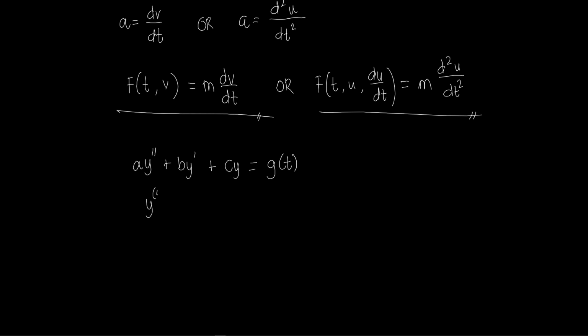Another is, for higher derivatives, pwede din ganito. Y to the power of, lagyan natin ng parenthesis, tapos ilagay natin yung number that signifies the order. Plus, let's just say, 10y triple prime plus 2y is equal to, let's just say, cosine of t.